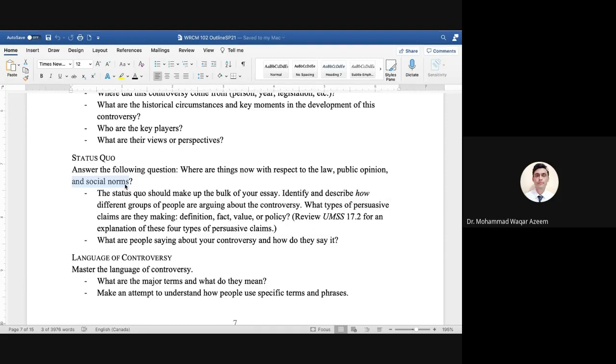Again, you will familiarize yourself with that by reading your articles related to the law matters of that controversy, or public opinion of that controversy, or social norms of that controversy. And then finally, related to the same point, what are people saying about your controversy and how they say it? By people, we mean the writers or the speakers, experts.